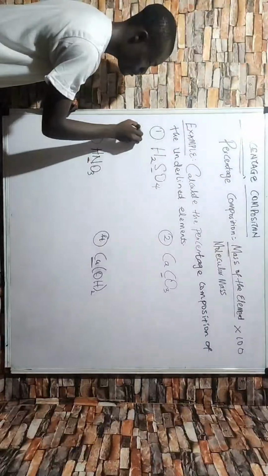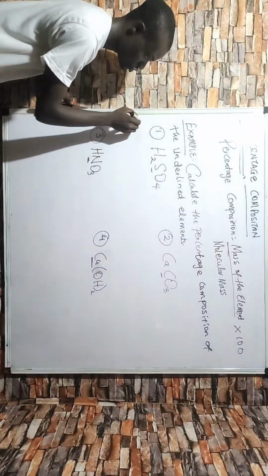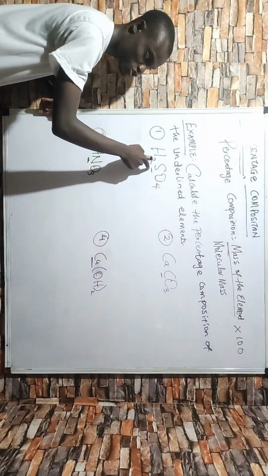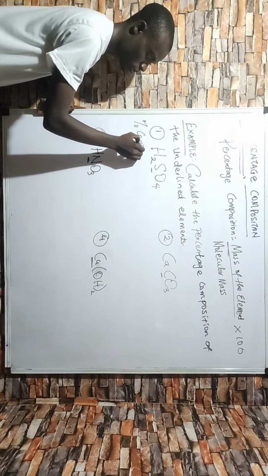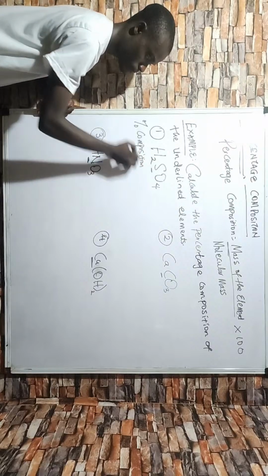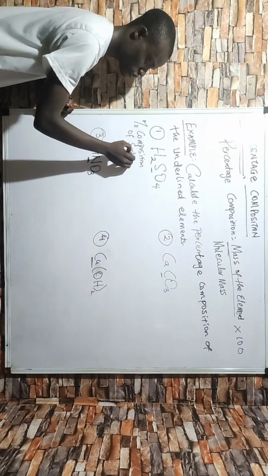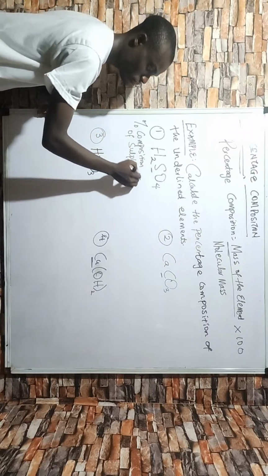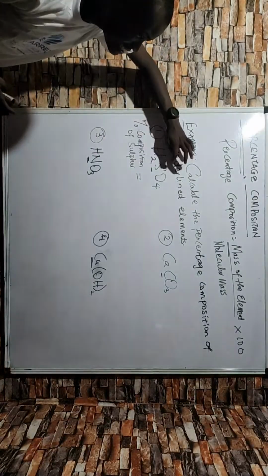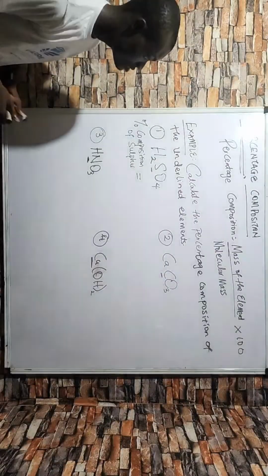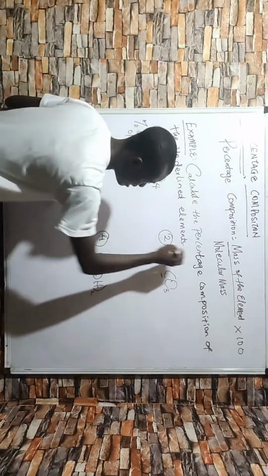Again, the formula is simple. So we are calculating the percentage composition of sulfur. So let's say the percentage composition of sulfur will be the mass of the element. What is the element we are interested in? Sulfur. And just to know, I'm going to give the masses here.